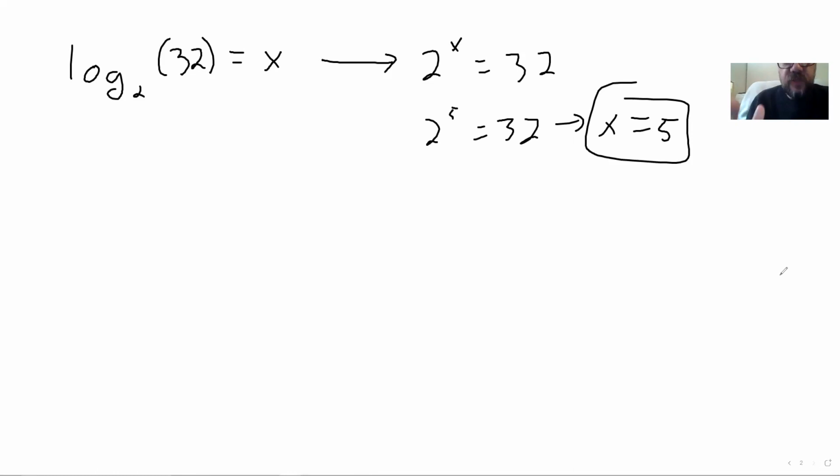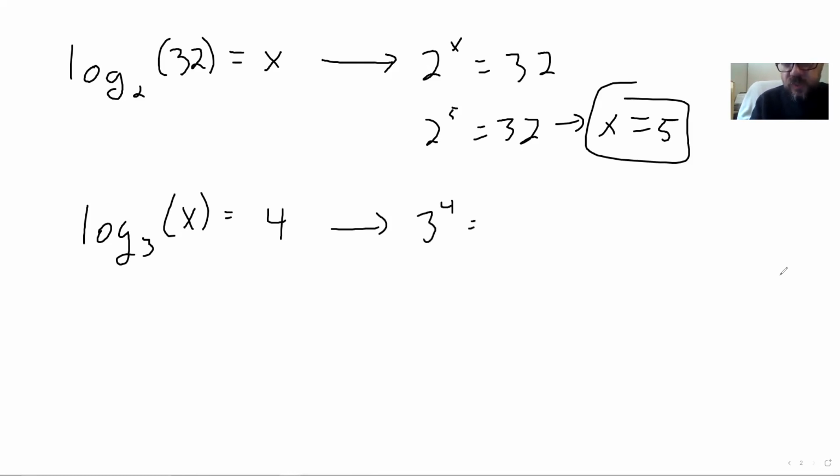Similarly, you can solve for any of these things. If I do log base 3 of x equals 4, well, that says 3 to the 4 equals x. So that means that x equals 81. You can just jam that in a calculator if you don't happen to know that.